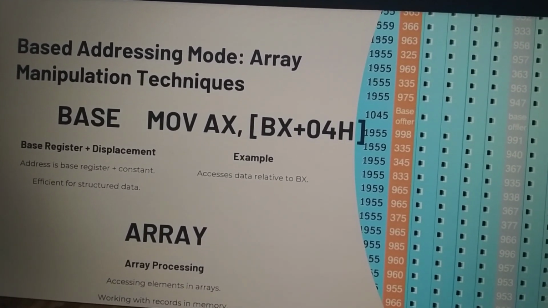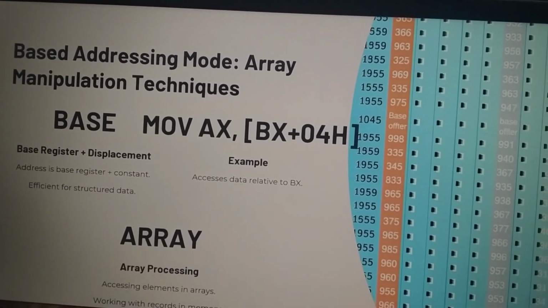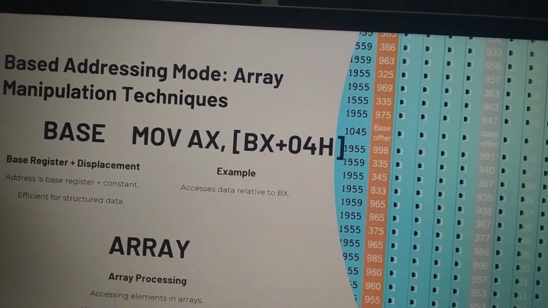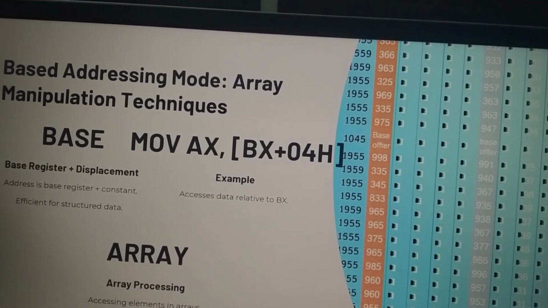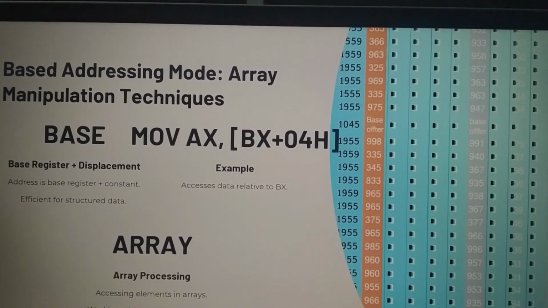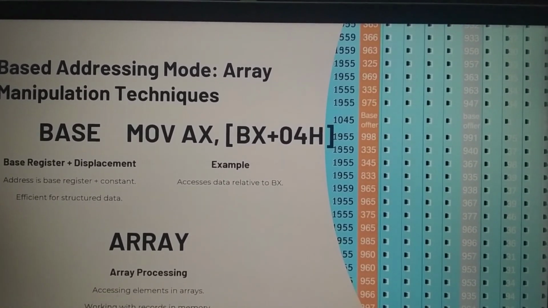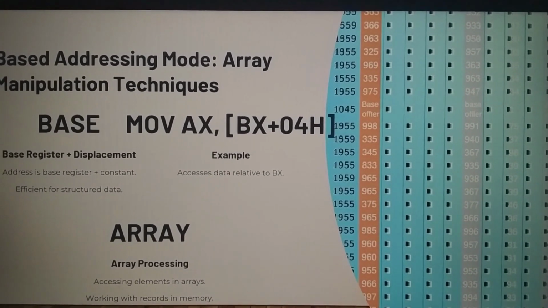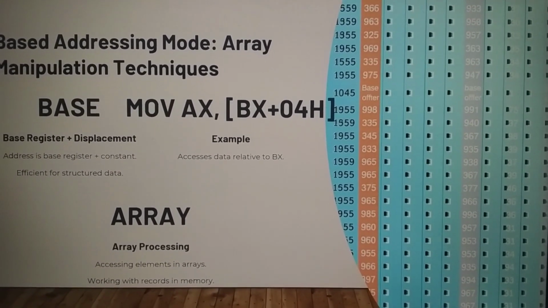Additionally, using BP as the base register allows access to data relative to the stack frame, which is useful in handling function parameters and local variables. Overall, based addressing mode supports structured and readable access to data in arrays and other memory layouts.